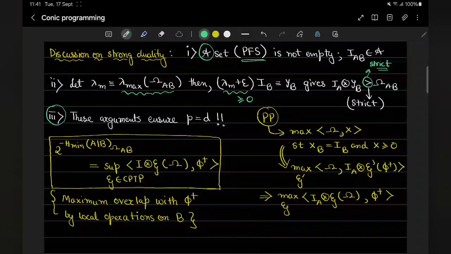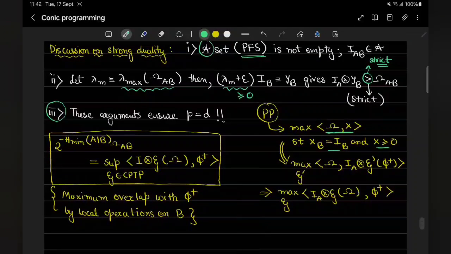So the primal problem is maximization over this inner product subject to X_B is identity and X is greater than or equal to 0. Now there is an isomorphism in the space which I will discuss. Let's talk about the isomorphism first.